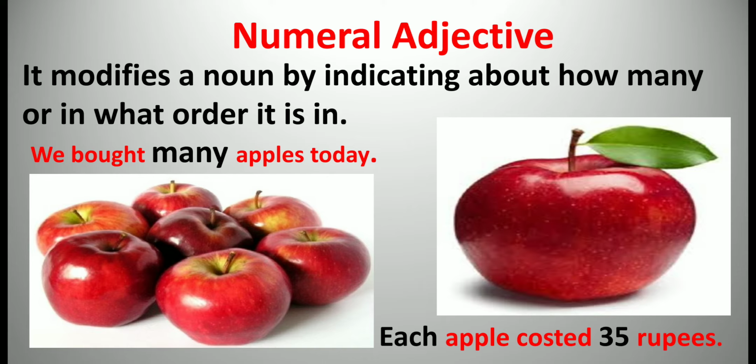Each apple costed 35 rupees. The words many and each tell us about how many apples, while 35 answers the question how many rupees. To understand it better, let's discuss the three kinds of numeral adjectives.